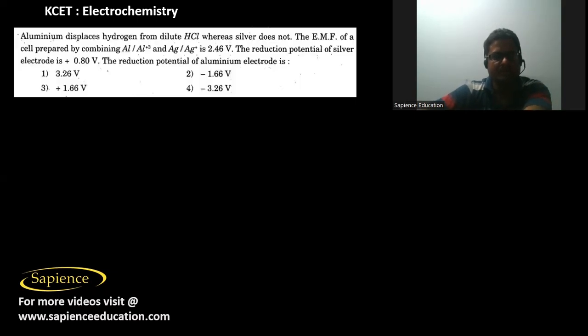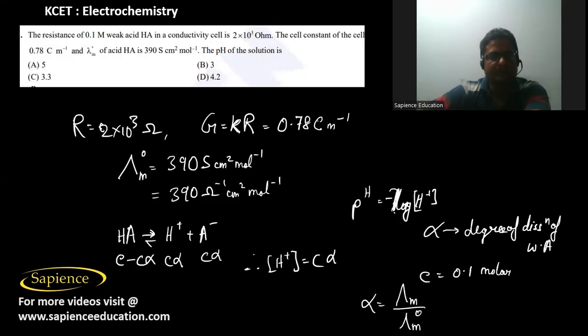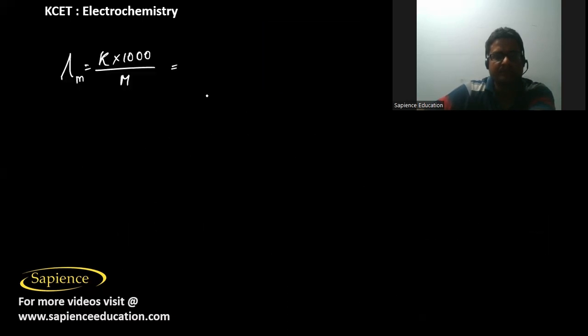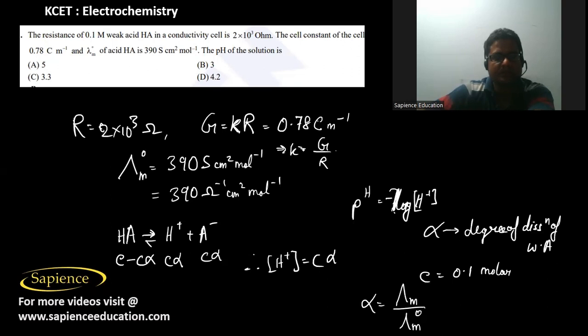Now the specific conductance k, that will be equal to G by R. G is 0.78, so it will be 0.78 into 1000 divided by R. R is 2 into 10 power 3 into the molarity of the solution, that is 0.1.